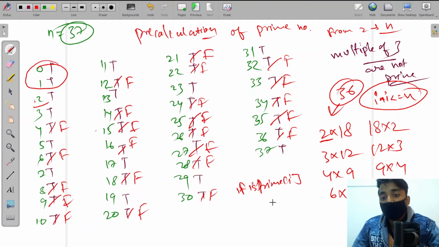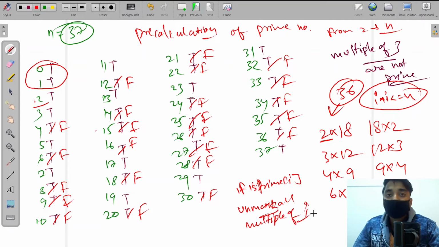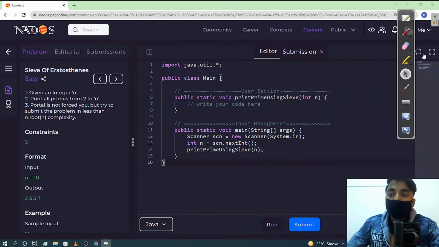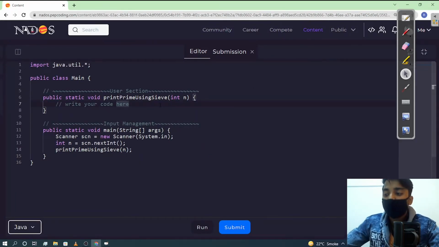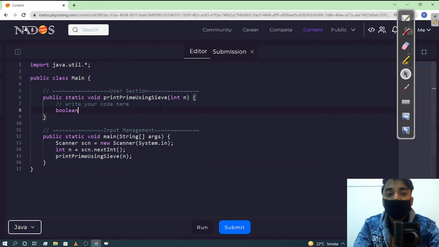If it is true, we will unmark all multiples of that number, multiples of i. So this will be the code. Let's write this. Here we need a boolean array isPrime, new boolean of size n plus 1.